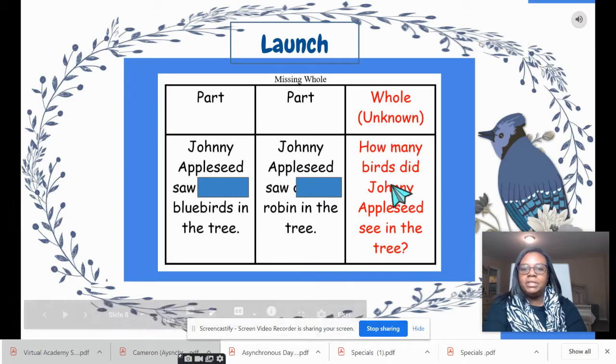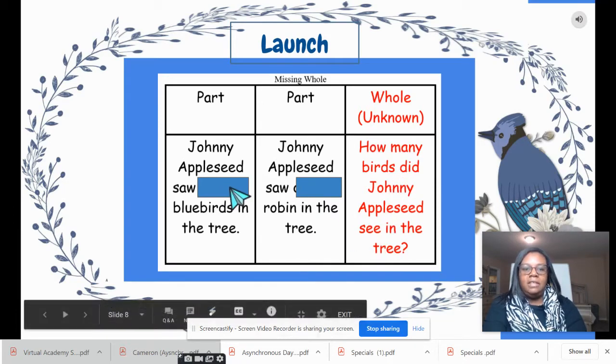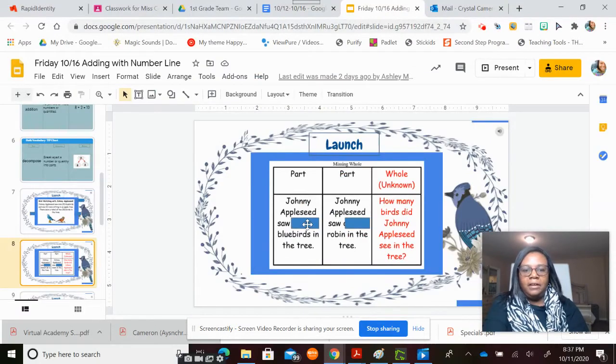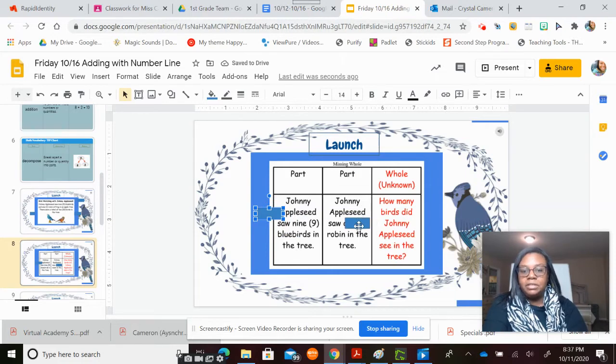So how many birds did Johnny Appleseed see in the tree? If Johnny Appleseed saw 9 bluebirds in the tree, and Johnny Appleseed saw 1 robin in the tree, how many birds did Johnny Appleseed see in the tree?